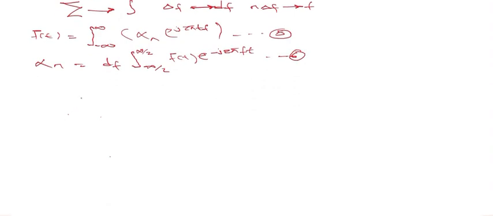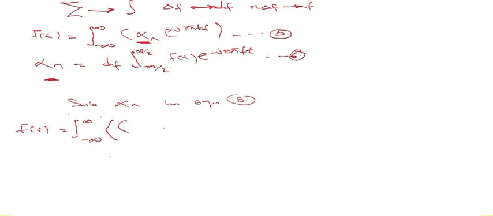Now, looking at these equations very well, they are related because here we have lambda n and here we also have lambda n. So we can substitute lambda n into equation 5. Substituting it, we are going to be left with f of t. Now we have f of t equal to the integral from minus infinity to infinity, open bracket.